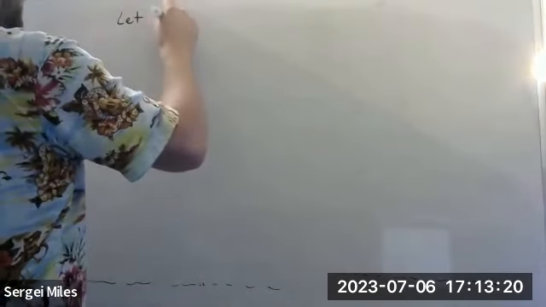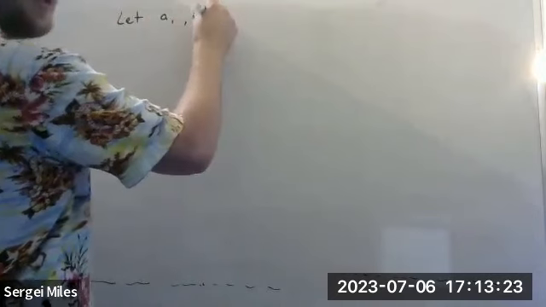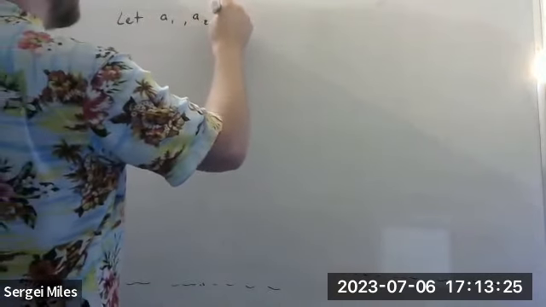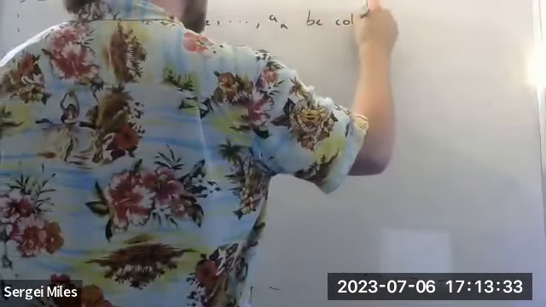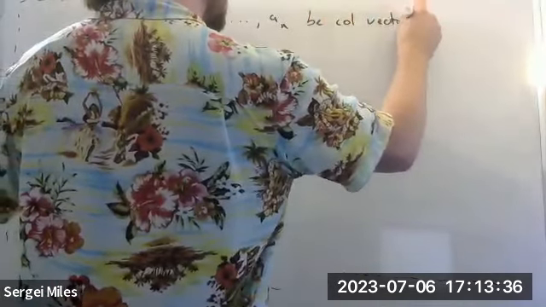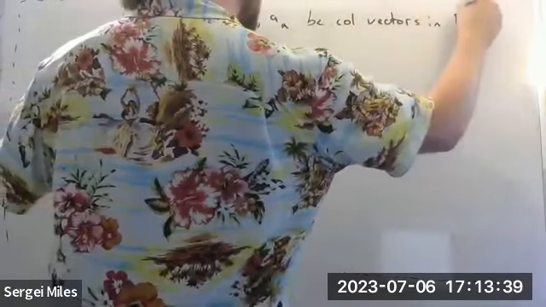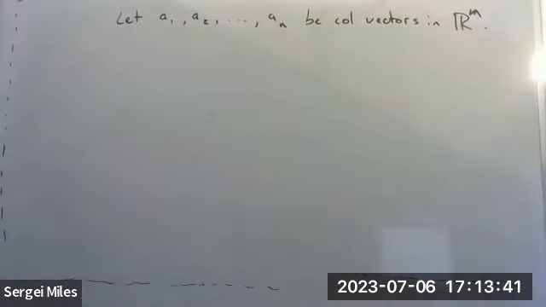So we now know how to take linear combinations, right? For some column vectors, let A1, A2, ..., An be column vectors in Rm. So again, n and m are different constant integers.